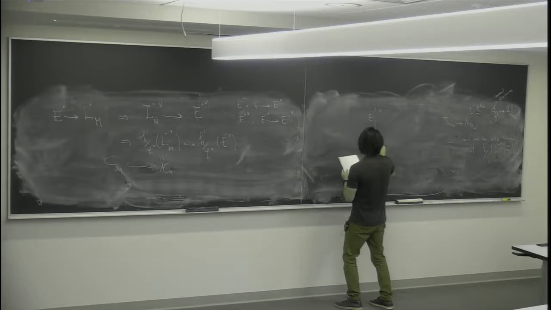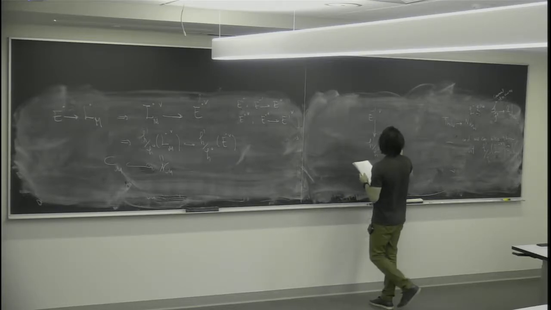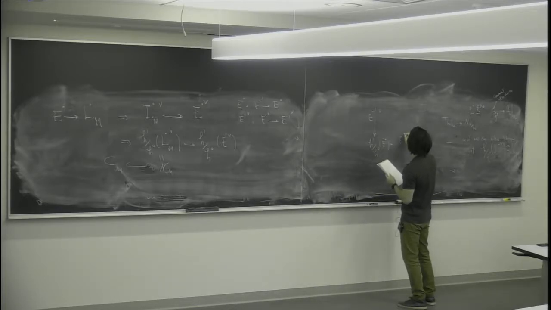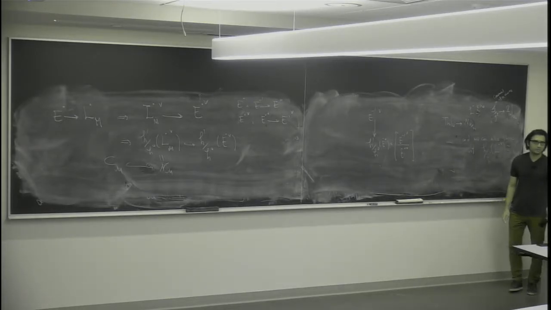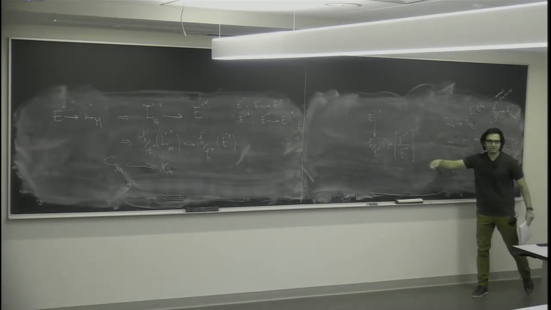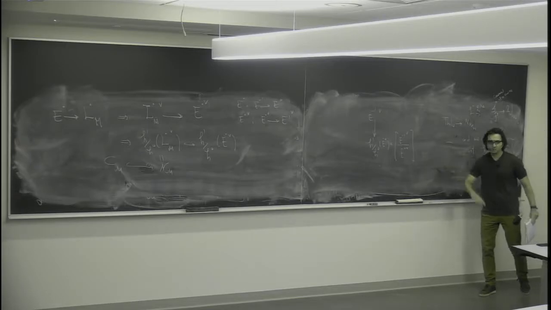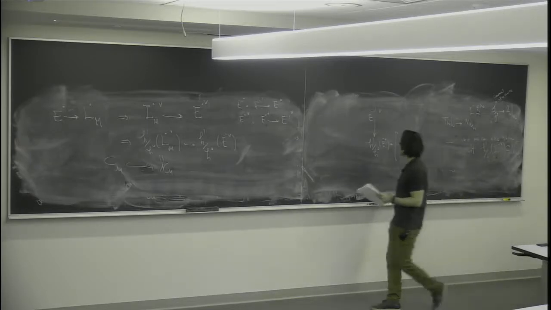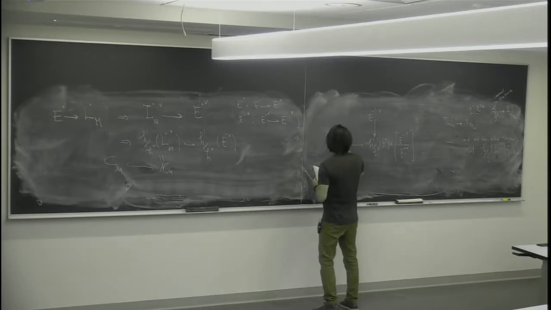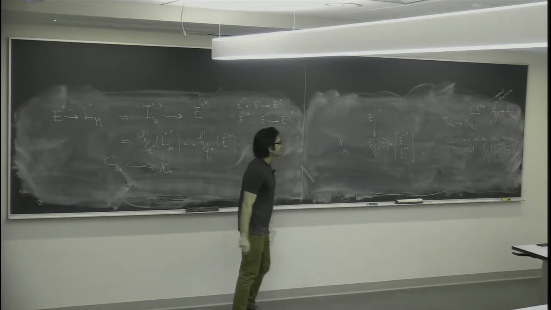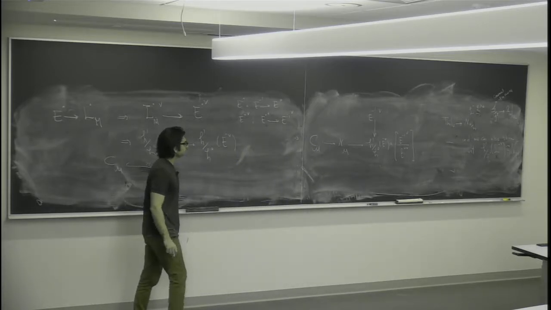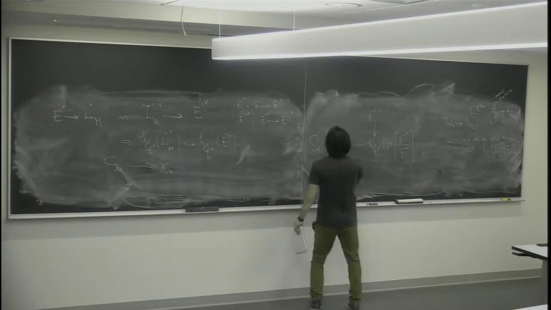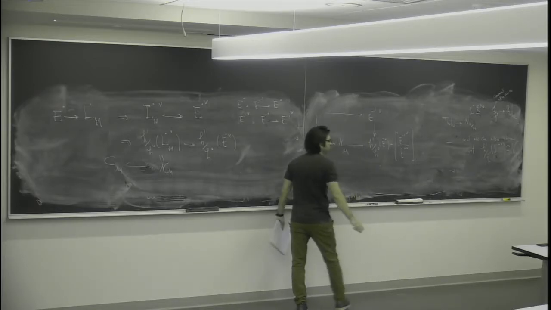So then M virtual will be, by definition, the image of this intersected with the zero section of E^-1 dual, which is basically the obstruction bundle.